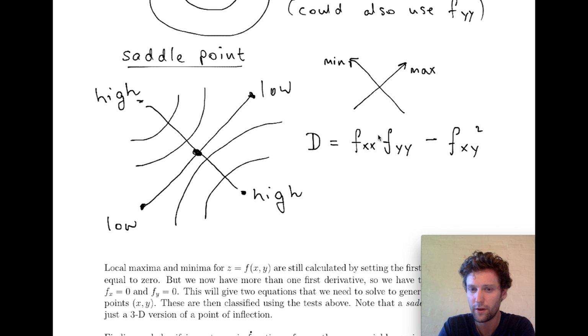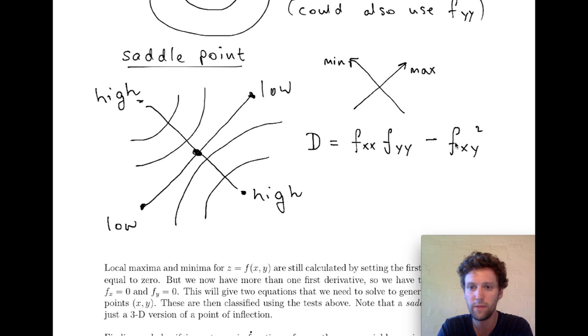So what that means is that because I've got a minimum in the x direction, fxx is actually positive, right? Minimum, the second derivative is positive. Whereas for fyy, when I'm walking in the y direction, I'm actually looking at a maximum. So fyy would be negative. So I have a positive number times a negative number.